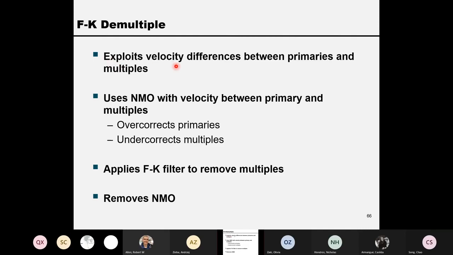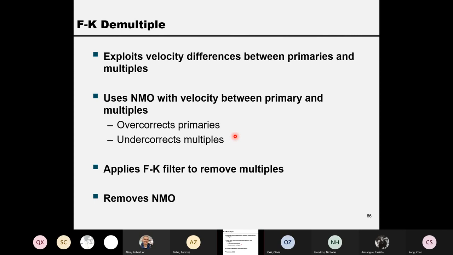So we can exploit velocity differences between the primary and the multiples, right? And how we do that practically: we try to overcorrect the primary, which means instead of using NMO to correct the primary as a horizontal, flat event, we overcorrect, use a lower velocity.